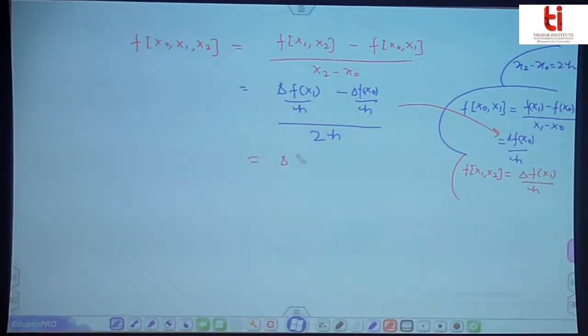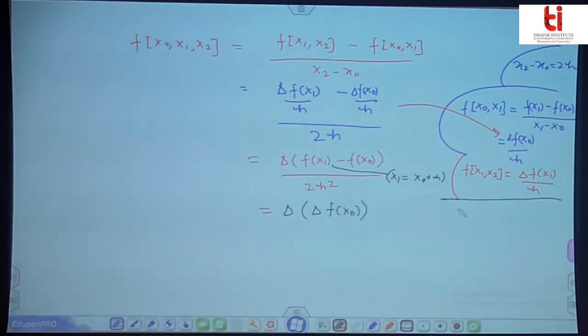So Δ we take outside, f of x1 minus f of x0 upon 2h square. So Δf(x1) minus Δf(x0), x1 is what? x0 plus h. So this is the forward step. So Δ, we can write it as Δf(x0). How?